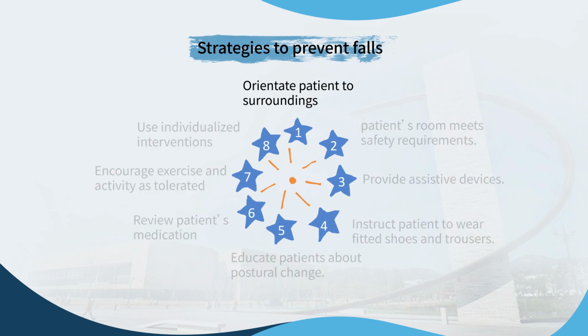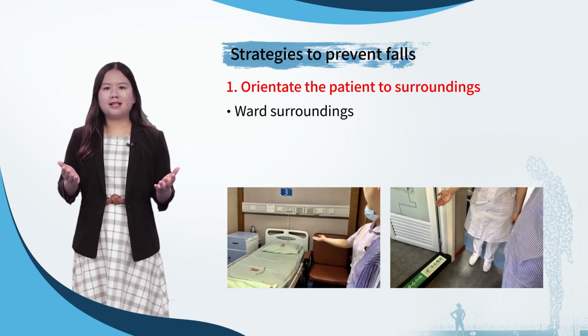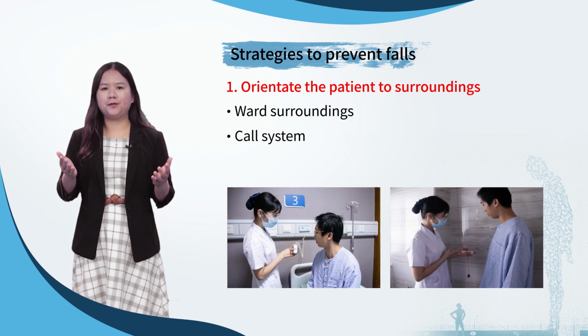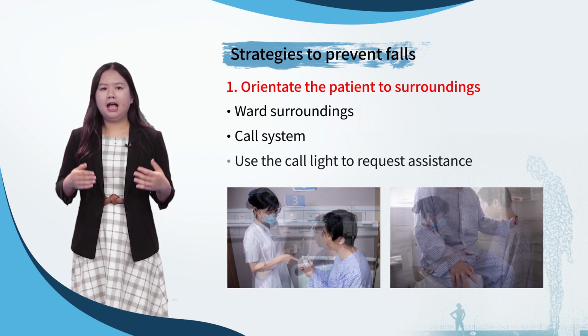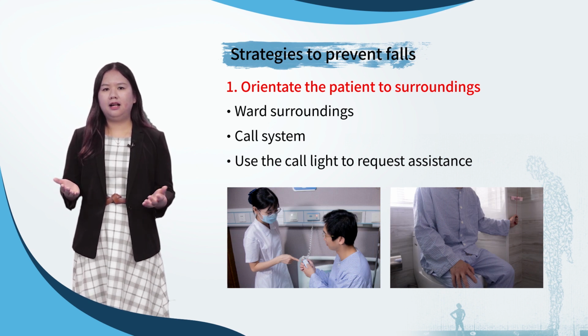First, we'll talk about orientation of the patient to his or her surroundings. On admission, familiarize the patient with the surroundings and explain the call system, especially for confused patients. Have the patient teach back how to use the call light.